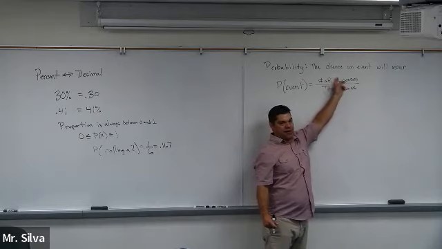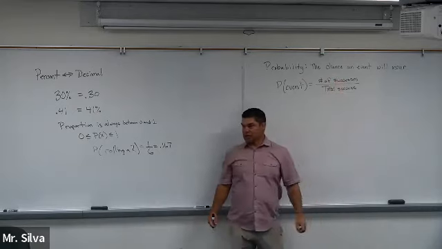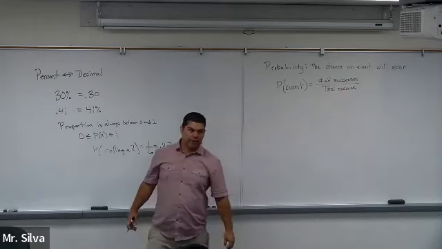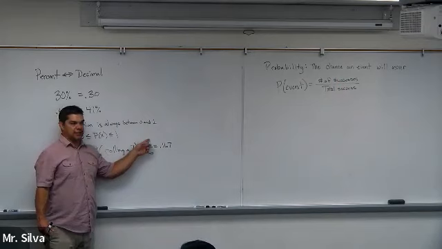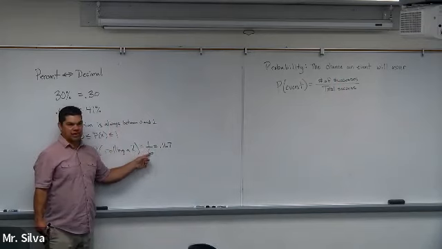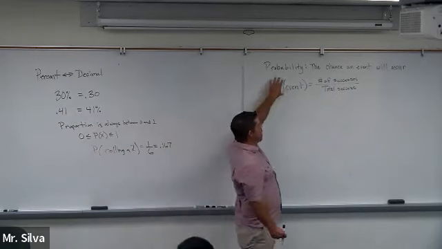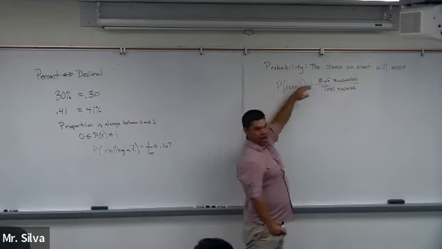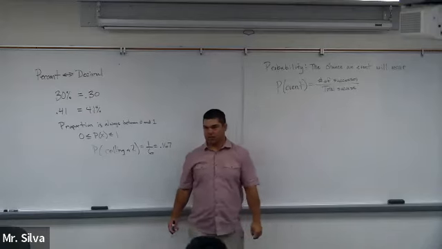The number of outcomes divided by total outcomes. So I use the word success. In this case, if I roll a 2, rolling a 2 is a success. There's 1 success. There's 6 total possibilities. There's 6 total outcomes. So that's kind of a definition of probability in words and symbols.